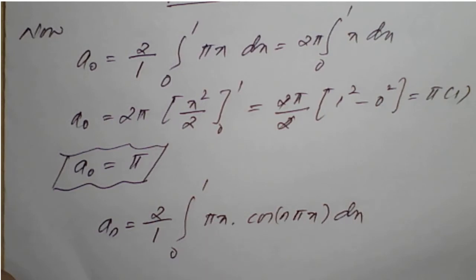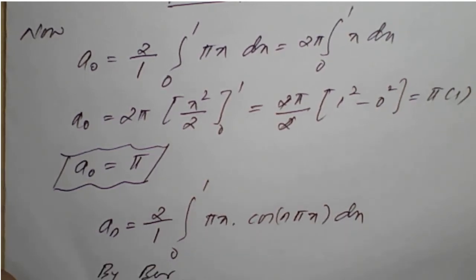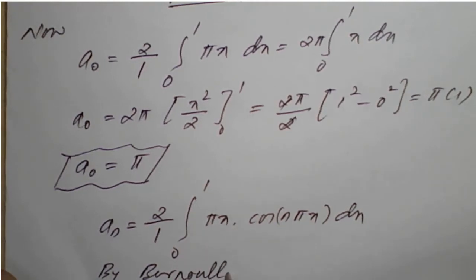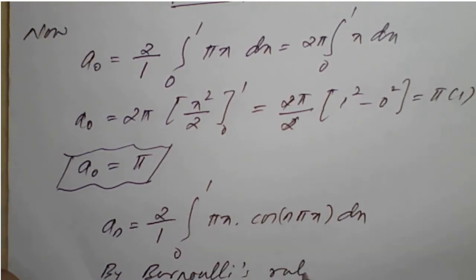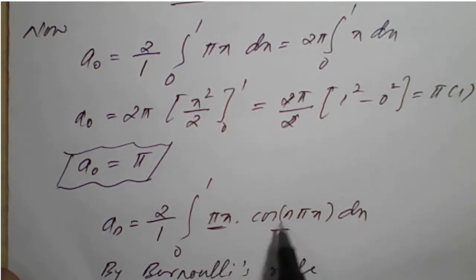So we'll apply Bernoulli's rule. By Bernoulli's rule of integration, we'll apply, because this is the u function, this is v. We'll keep u as it is and we'll integrate v first. We'll see what that is.